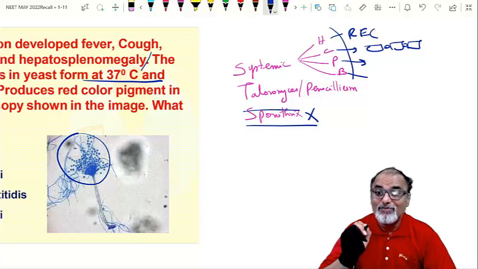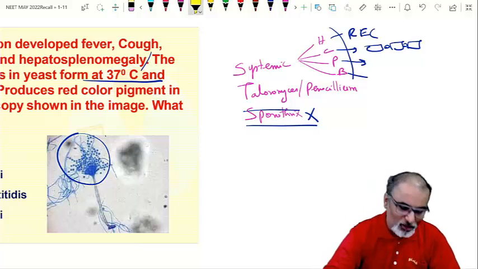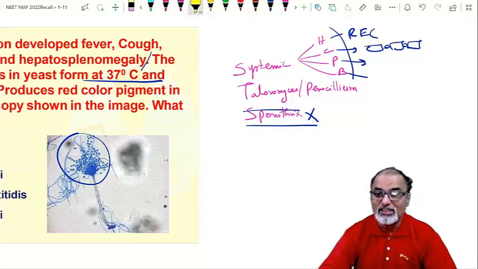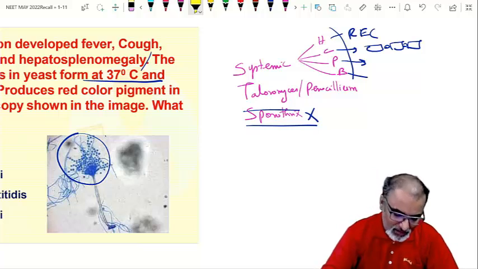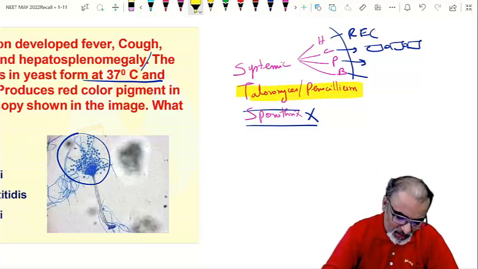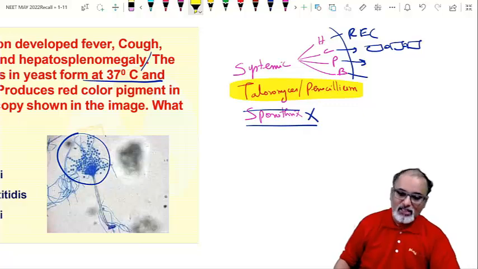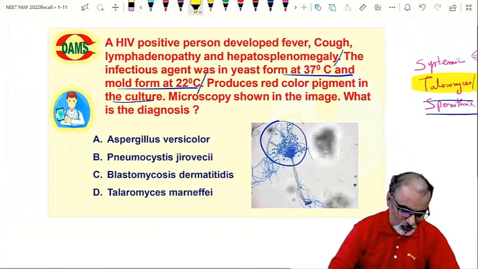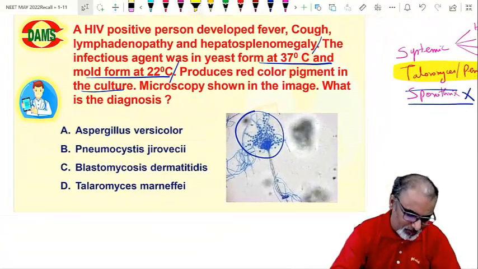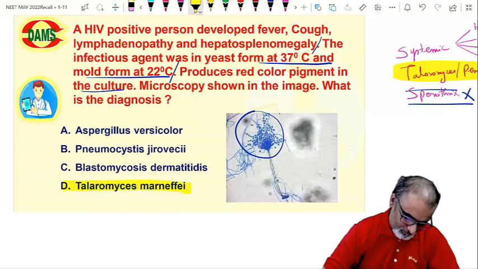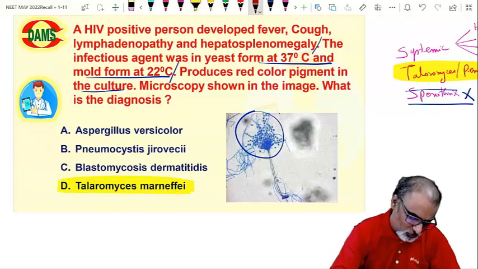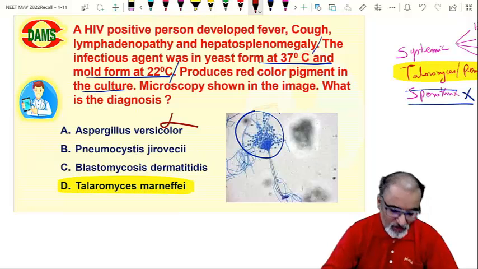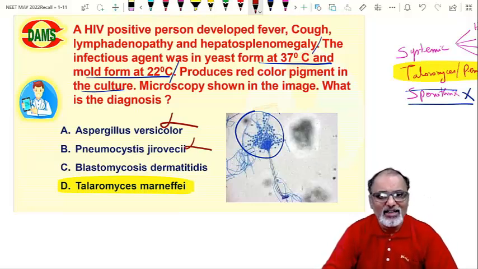So, red color pigment producer commonly seen in intravenous drug abusers in northeastern India is Talaromyces or Penicillium marneffei. Penicillium marneffei was the old name, Talaromyces is the new name. Here, how can we rule out? Aspergillus is not dimorphic, Pneumocystis is not dimorphic, and we can't cultivate.